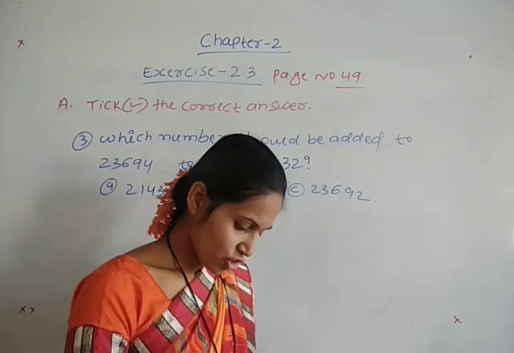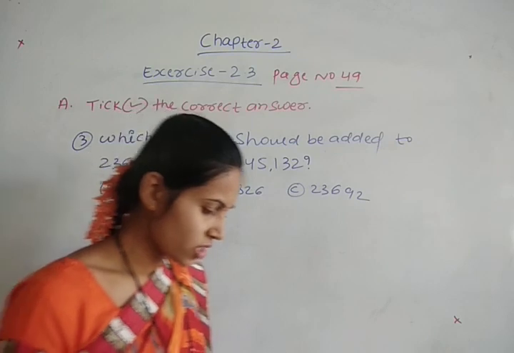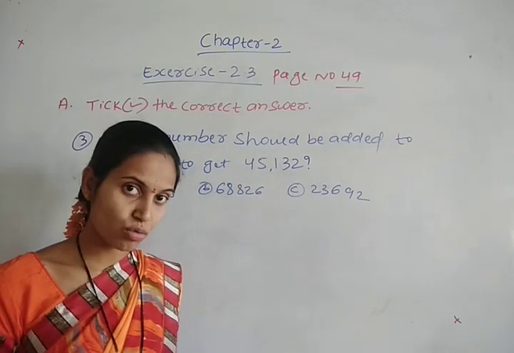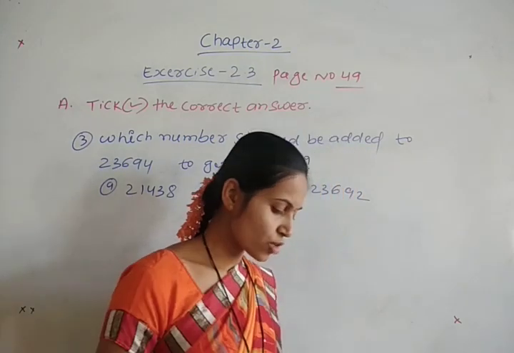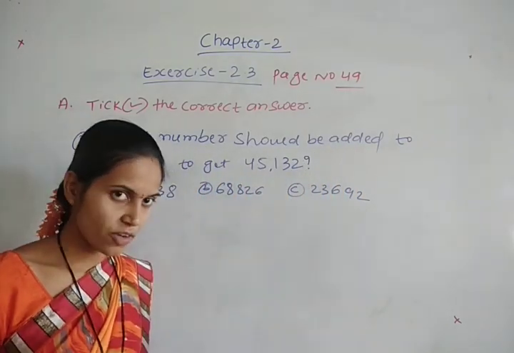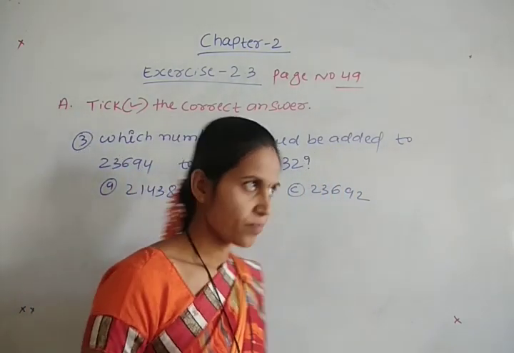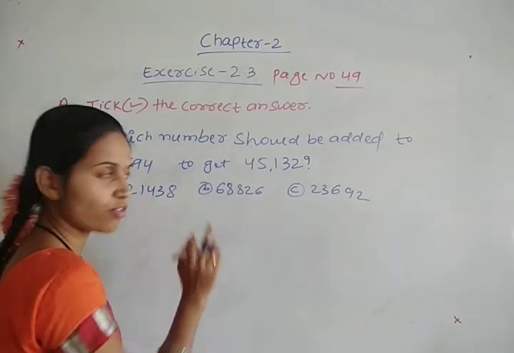In question number 47, among the example problems we solved yesterday, which number needs to be added to 56,401 to get 67,341? So this problem is of the same kind.